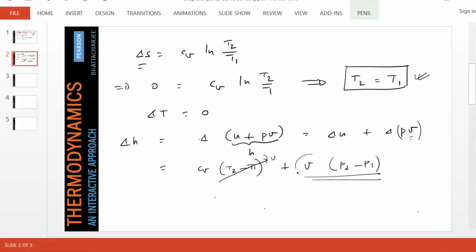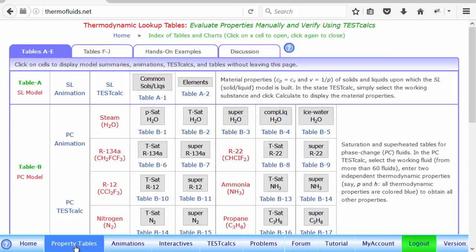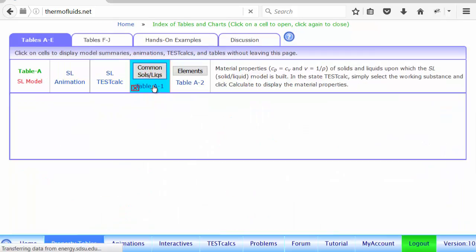So all we need is the specific volume. Of course, we know specific volume is the inverse of density, and it remains constant in the SL model. We know the density of water is 1000 kg per meter cube, but to verify, we can always go to the tables. The SL model tables are in Table A, common solids and liquids.